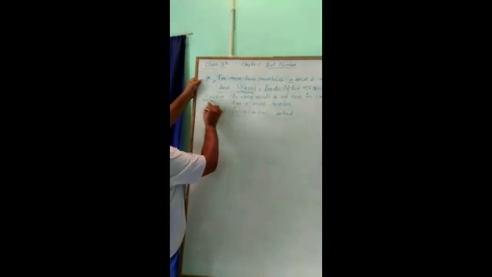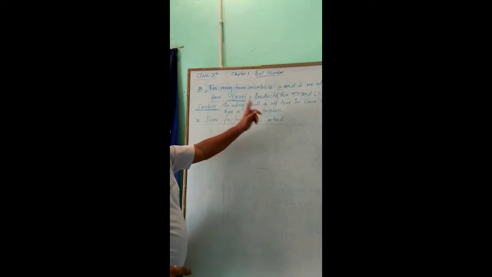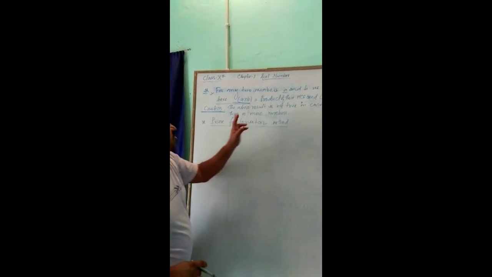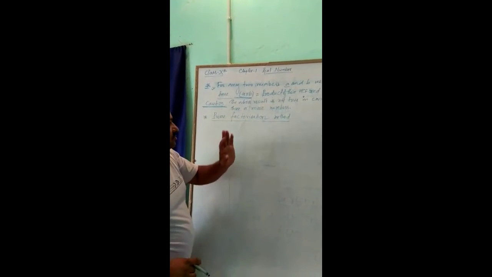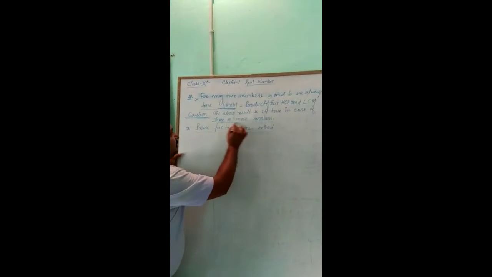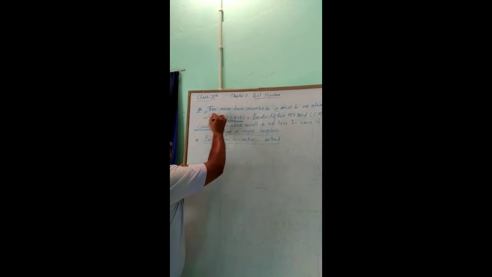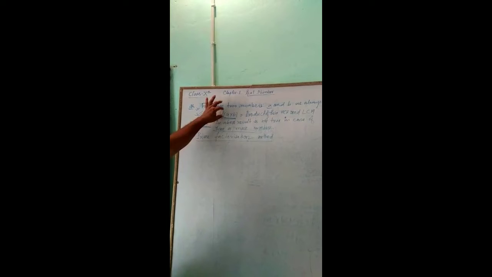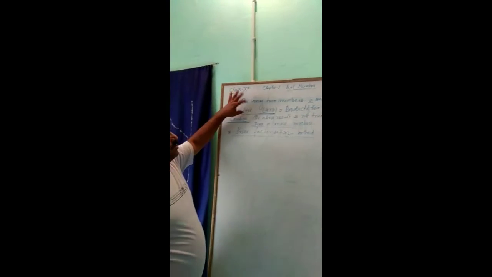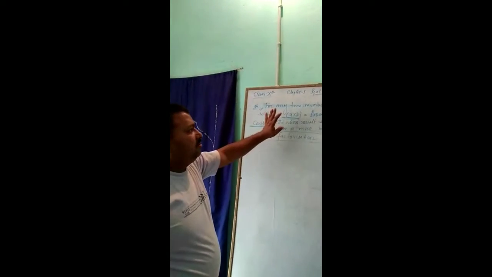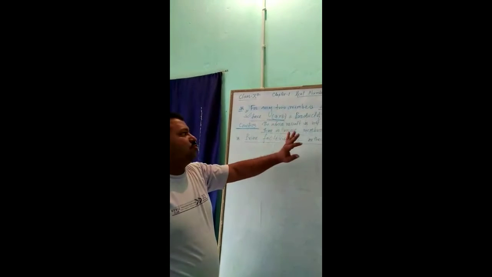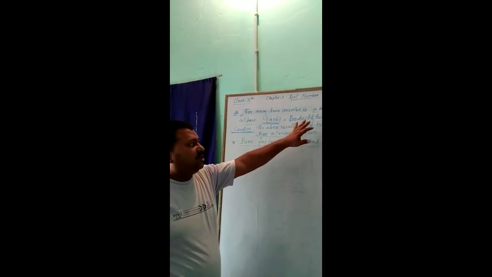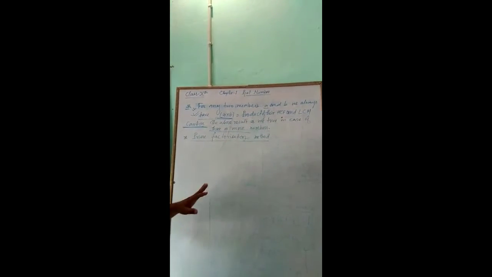Always remember that the above result is not true in case of 3 or more numbers. This rule is followed only when two numbers are given. If two numbers are given, then the multiplication of the two numbers is equal to the product of their HCF and their LCM.